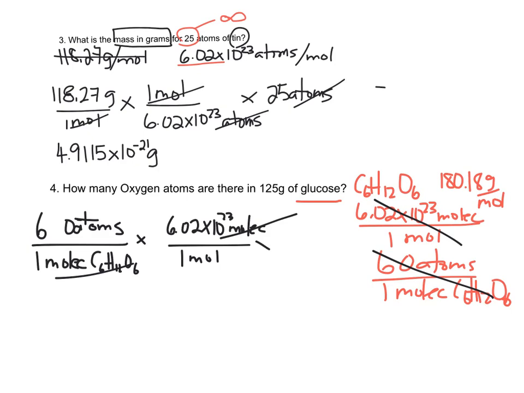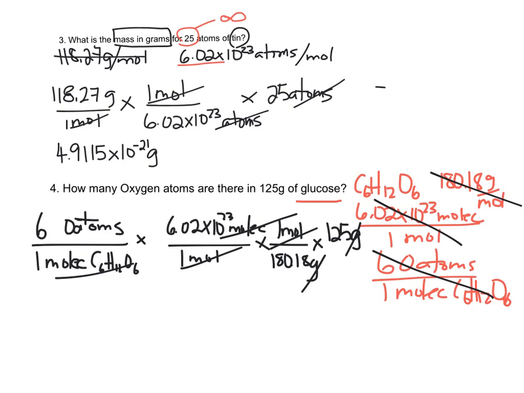These cancel, and then we want moles to cancel. We don't have the number of moles, but I do know 1 mole has a mass of 180.18 grams. Our moles canceled. Need to get rid of grams, and I have 125 grams. So grams cancel. So now I'm done. I've run out of units to cancel.